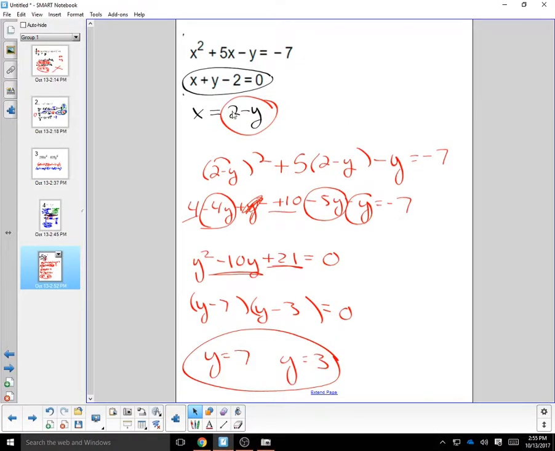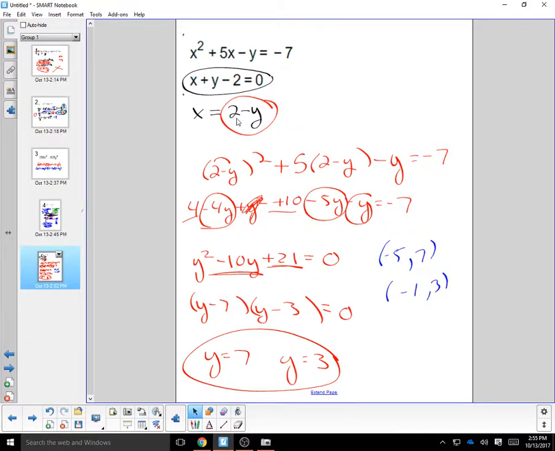So x, if we plug it in here, it's gonna give me what? What's 2 minus 7? Negative 5. So when y is 7, x was negative 5, and when y was 3, I got negative 1.